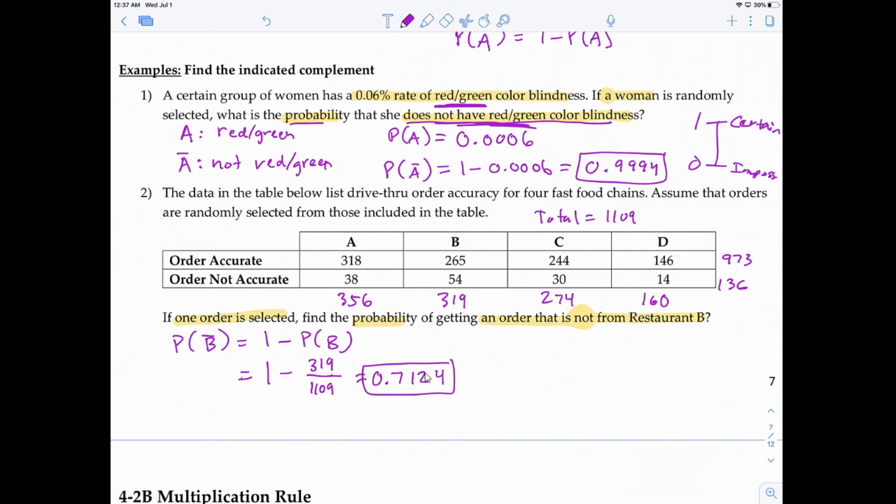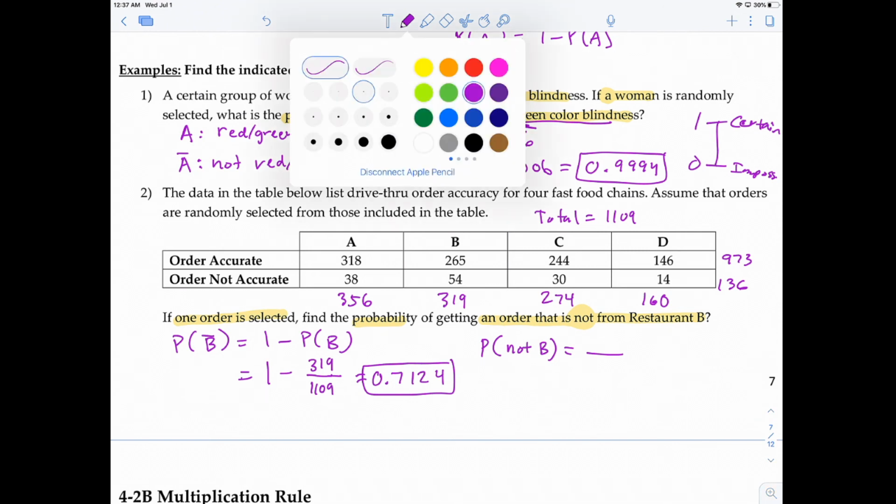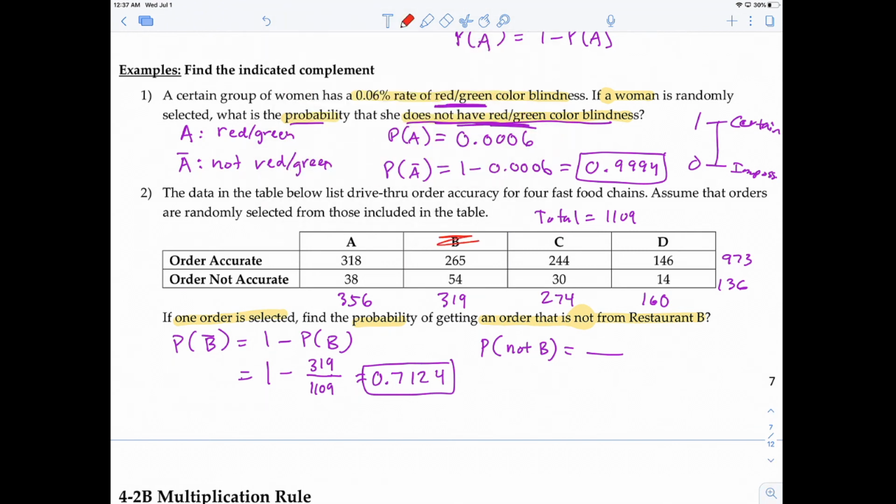I want you to be comfortable with using the complementary formulas, because later on in the semester you're going to be forced to use it. In this problem, you can work around it without using it. If you figure out that not B is everything else that's not included in B, as if you just ignore the B's, then not B's are the A's, the C's, and the D's, the orders from A, C, and D, and you can just combine them.